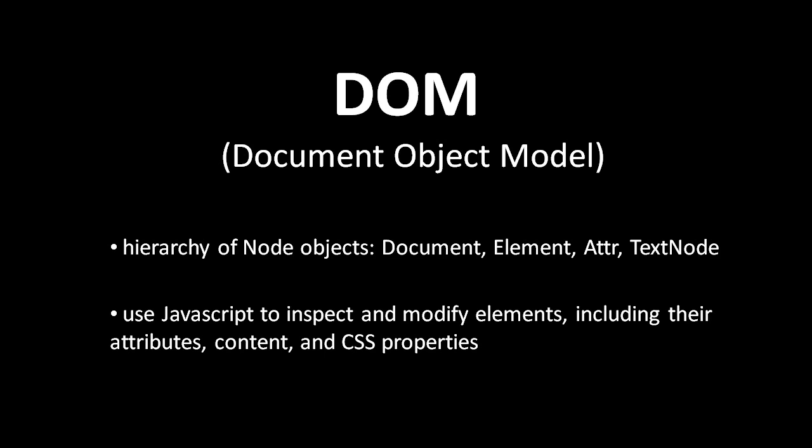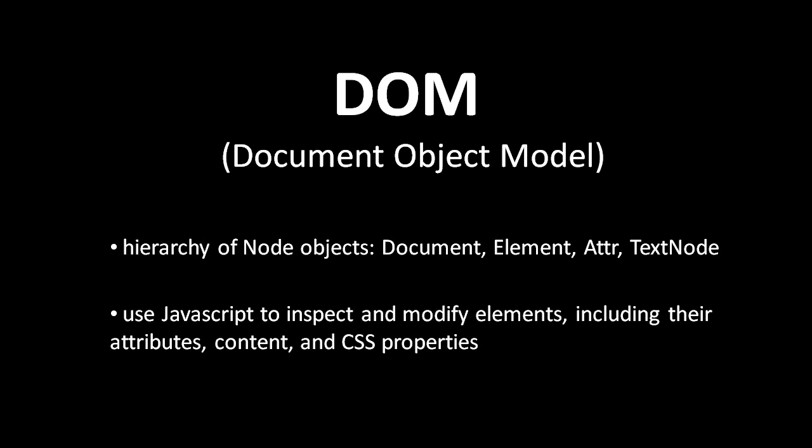Now, the document object, and in fact all of the nodes, have a property called children, which is basically an array of all the children of that node. And so we could actually, from the document object, look at its children, and then look at the children of its children, and the children of its children of its children, and we could walk all the way down the whole hierarchy to access any element, but this is a very cumbersome way to do it.